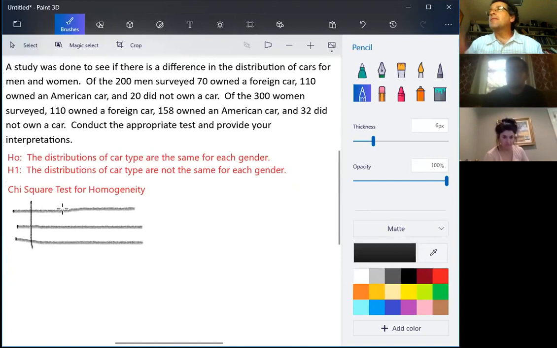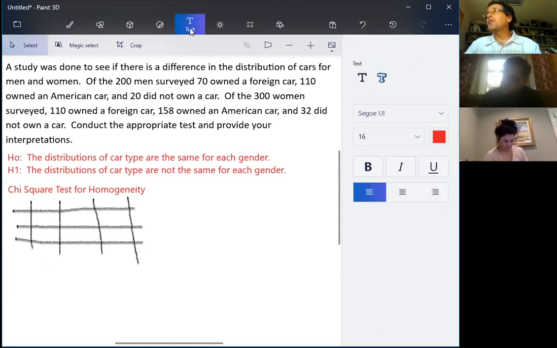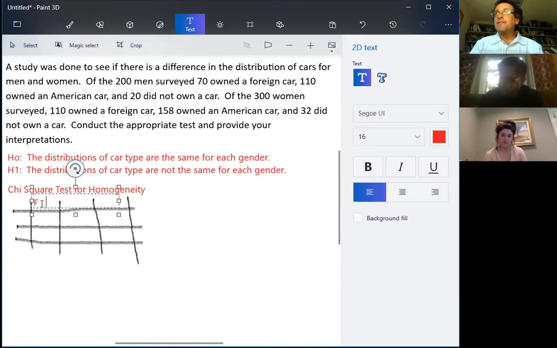We had foreign, American, and none. I'll just write down some letters for this: F, A, and N. Looks like a fan. Foreign, American, and none.